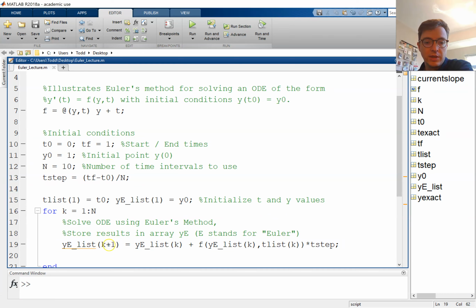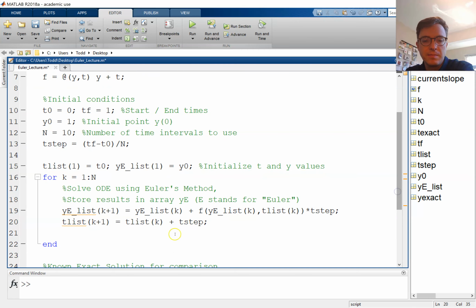So ye list of k plus 1 is ye list of k plus the slope evaluated at the previous point times t step. And then I've got my next t point, that's easy: t list of k plus 1 is equal to t list of k plus t step. So I increased my time as well. And that's it. So that should do it.